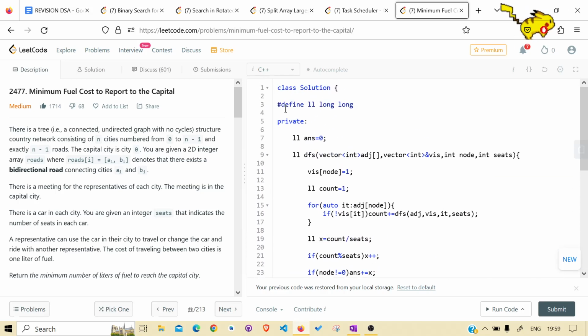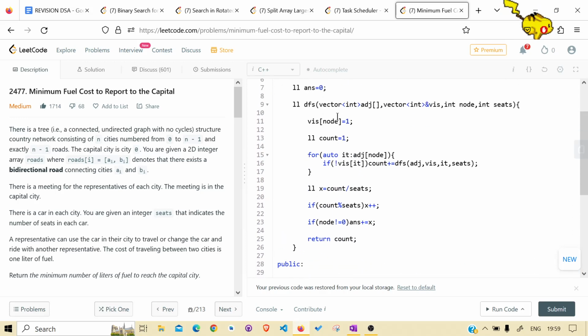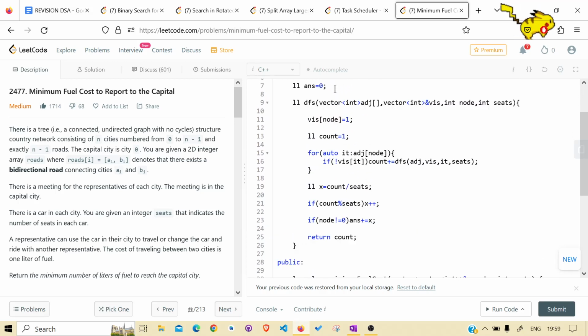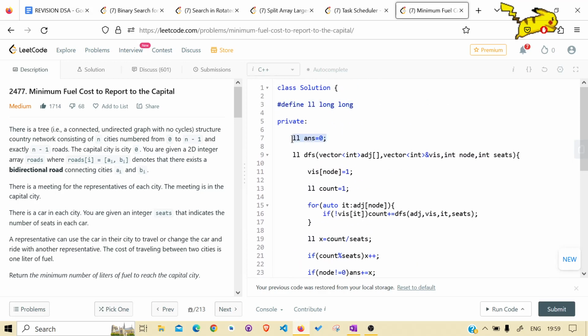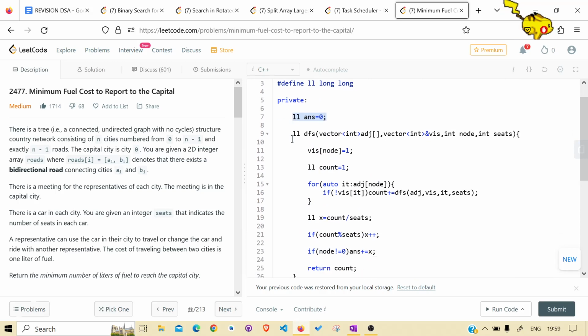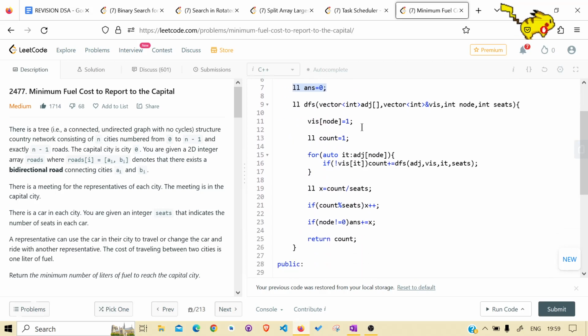How we are computing? Basic long, basic syntax. Answer we defined globally. You can define it in the call. I prefer it global. Make that vector visited, as discussed. Everyone has its count 1.